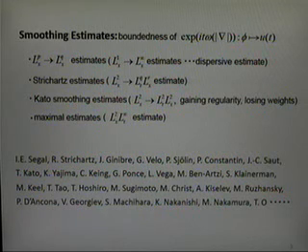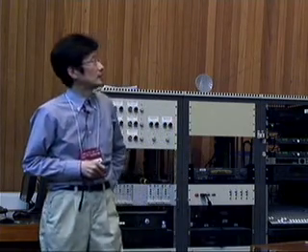The first type of those smoothing estimates goes back to Segal, and the space-time integrability properties in this form are some kind of descendants of Strichartz's.